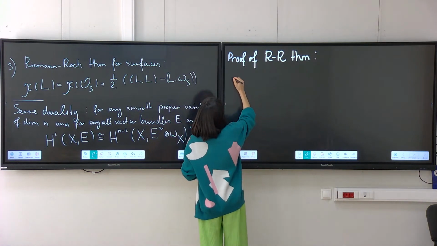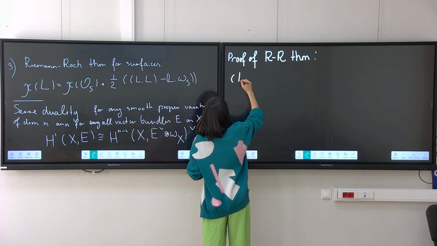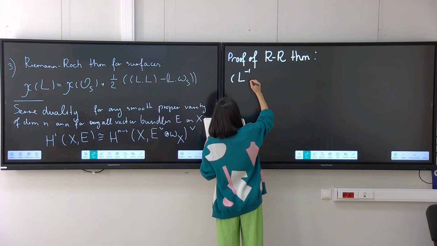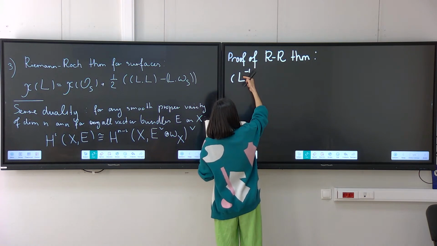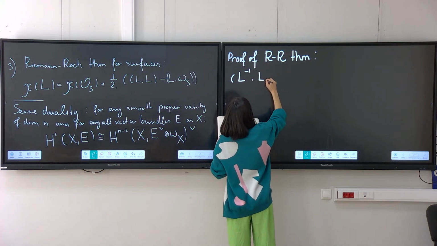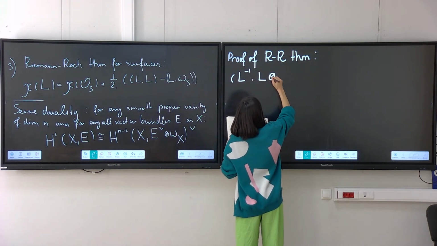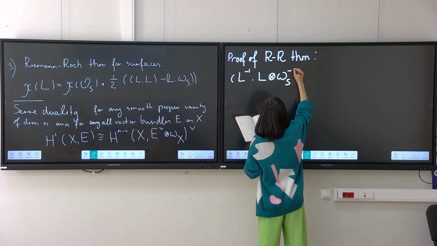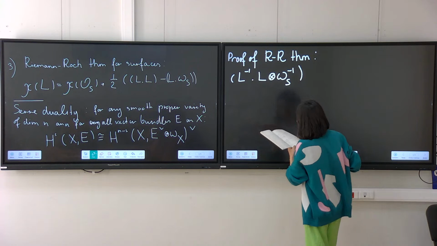First, let us compute what we will obtain if we intersect these two line bundles. The first line bundle is the inverse of L, and the second is L times K minus 1.